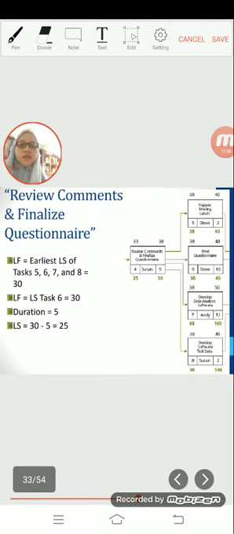Okay, review, comment, and finalize questionnaire. So we have 4 different activities here. Okay, which one you will choose to bring backward? So the answer is the shortest time that you can bring backward.